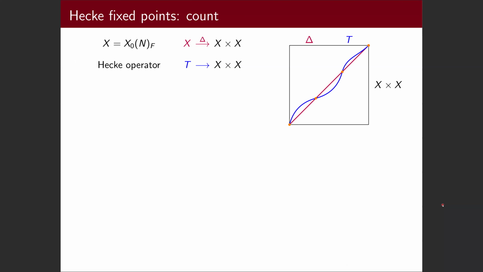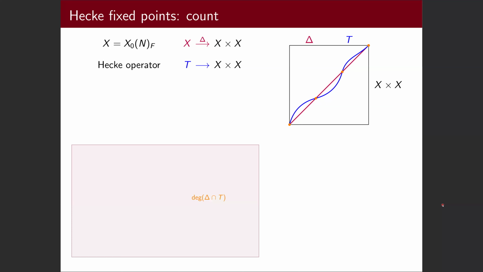Okay, so here's a diagram. Here's my X times X. It's got two coordinates, so it's a box. The diagonal here is drawn as the diagonal. And this blue curve, delta, is the graph of the Hecke correspondence. These orange points are the intersection points of these two curves, and we can think of these as the fixed points of the Hecke correspondence.